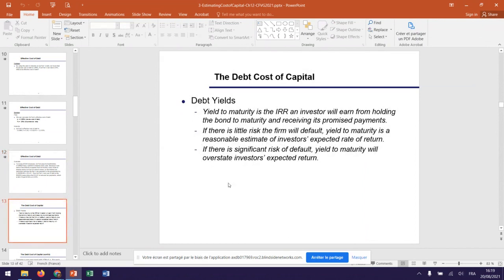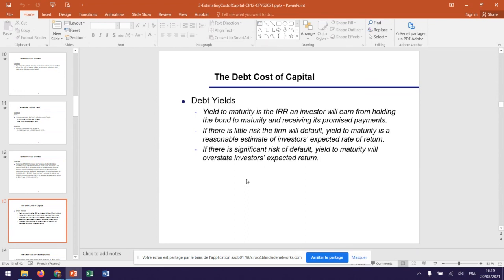Now what is the debt yield? The debt yield, the yield to maturity, is the IRR investors will earn from holding the bond to maturity and receiving its promised payments. If there is little risk the firm will default, it means the yield to maturity is a reasonable estimate of investors' expected rate of return.